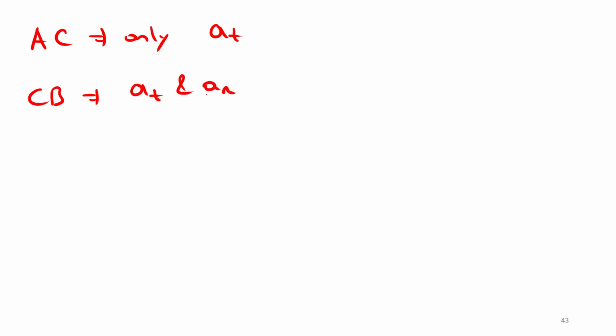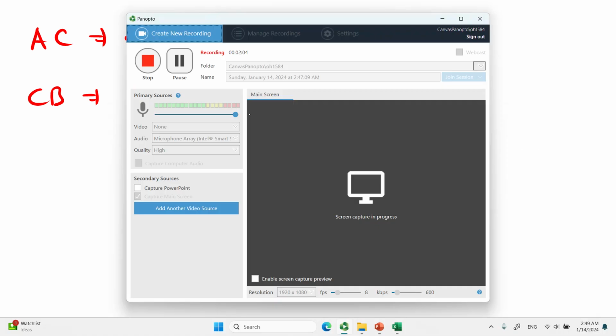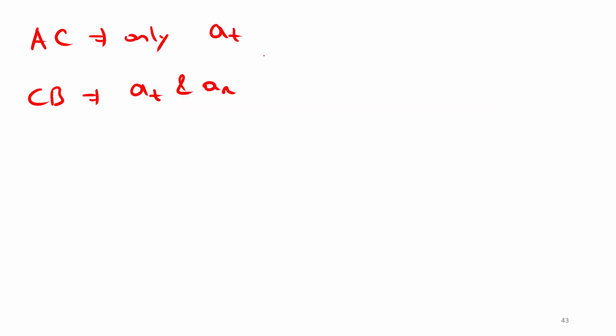So A to C, only AT, and then C to B we have AT and then AN. We know that the acceleration is the change of velocity with respect to time.